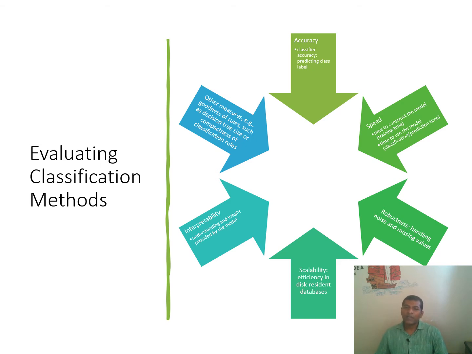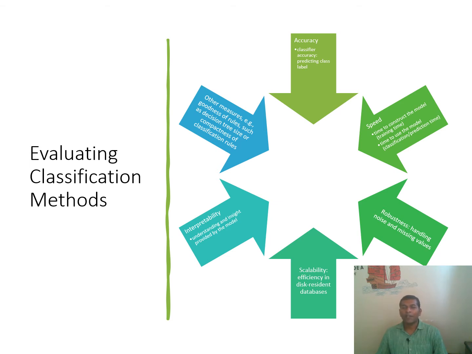Then speed. Speed is required for two things: one for constructing the model and second for classifying the unknown data. The time required for construction of the model and for classification should be small. Then we should have robustness. It should be able to handle missing values or noisy data.